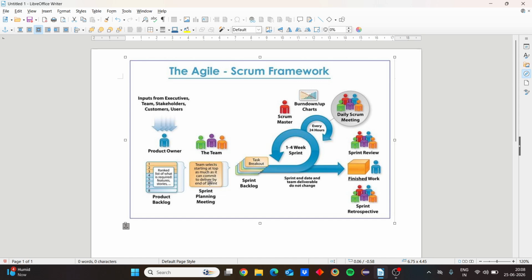All these guys are present in the sprint planning meeting. It is conducted with the team to define what can be delivered in the next sprint or next duration.